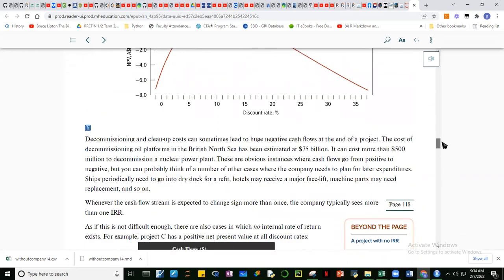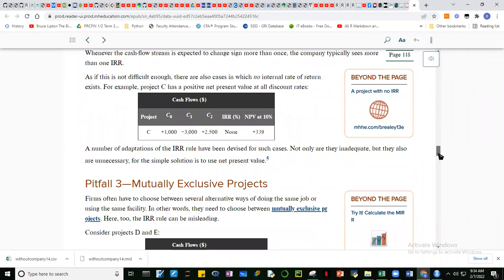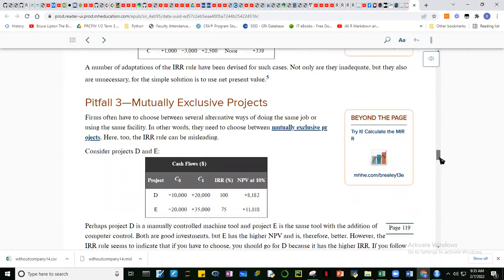So when a project has cash flows that are negative not only at year 0 but at a time after year 0, then most probably that will have 2 IRRs.